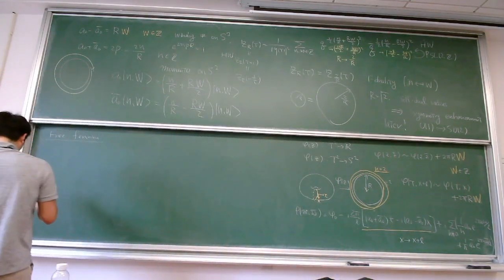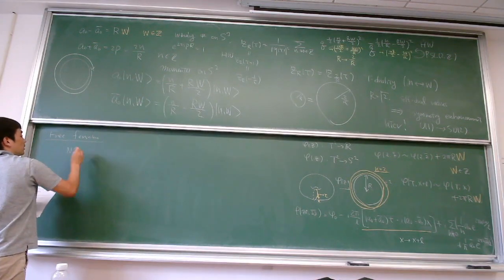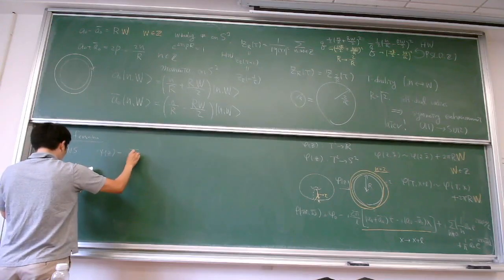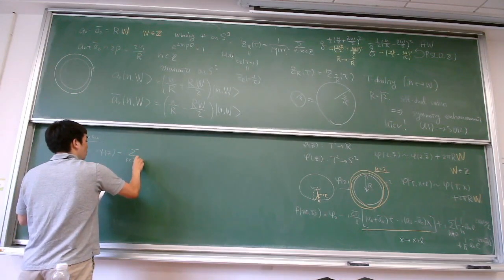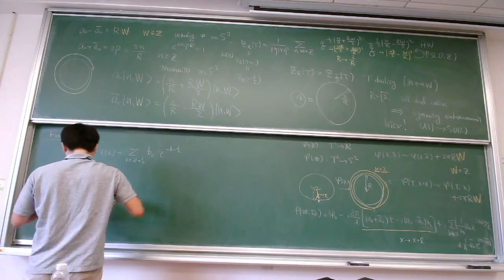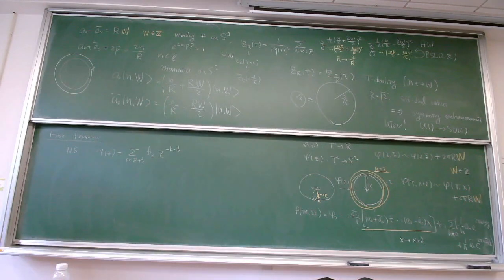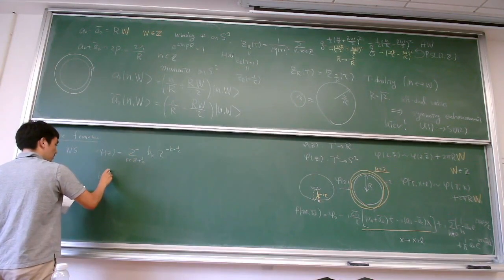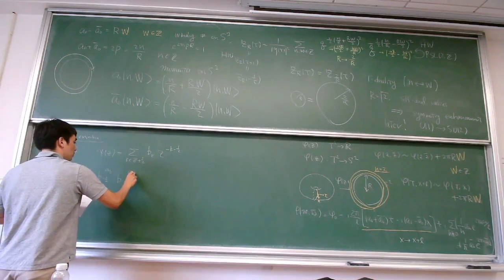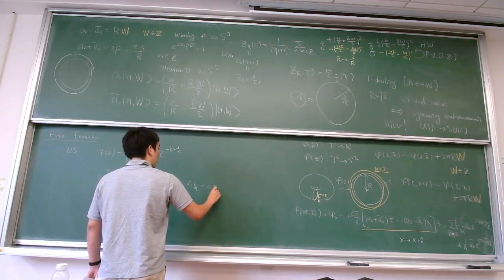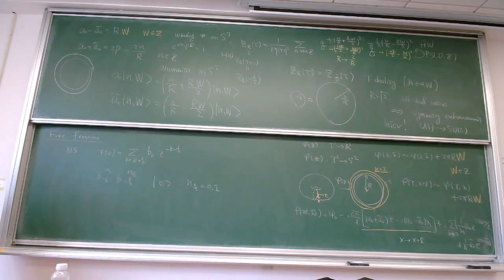So in the NS sector, you have a mode expansion like this, and therefore you can act with the creation operator this way, where n_k is 0 or 1. So it really obeys the Fermi statistics.